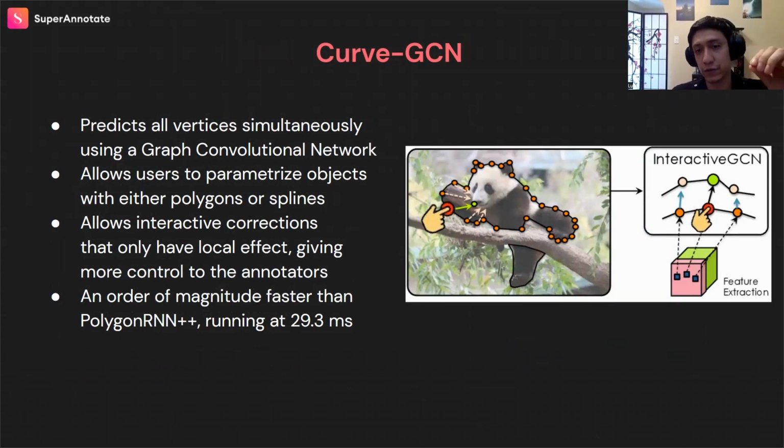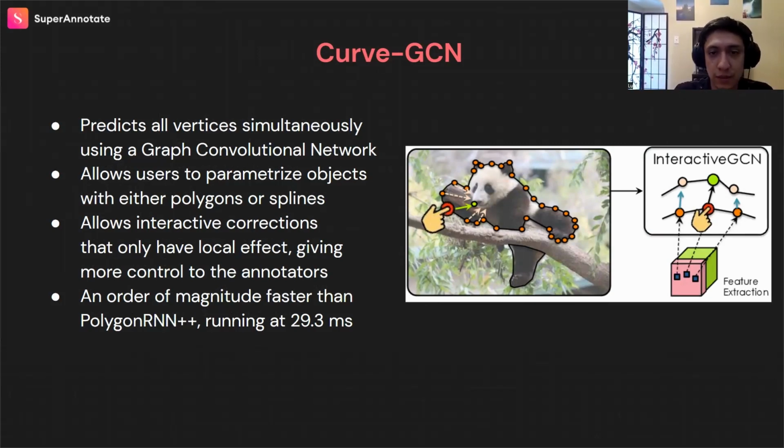So you would have the first vertex, and then from there you would get the second one, from there you would get the third, and so on. So that sequential process was a bit time consuming. And also when you would readjust one of the vertices, all the other vertices would have to be recalculated in a sense because of the recurrent architecture. So here they tried to avoid the sequential prediction process, and they made it a regression problem. And by doing that, they were able to make sure that all the predictions were done at once.